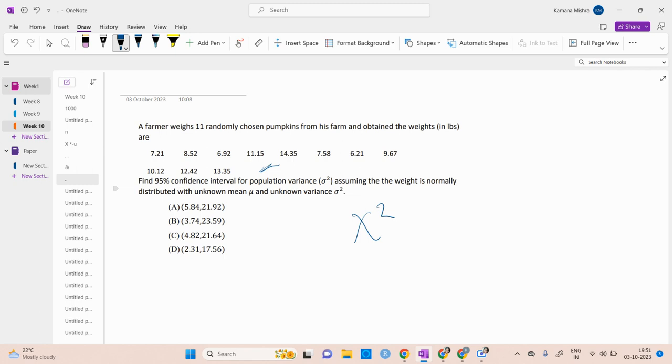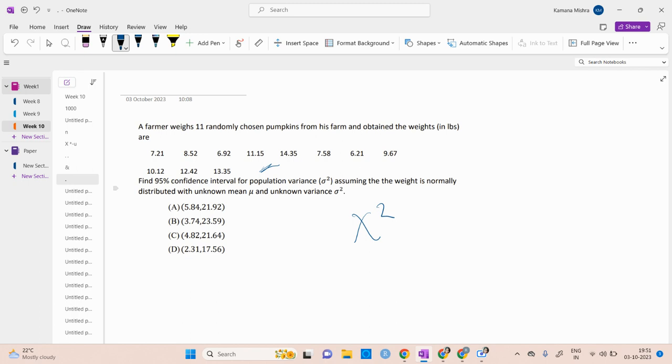So if you go through the slides, confidence interval for sigma square is in estimation fifth, I think, in the estimation fifth lecture, then you will understand this part actually. And then there is also a similar question for this.